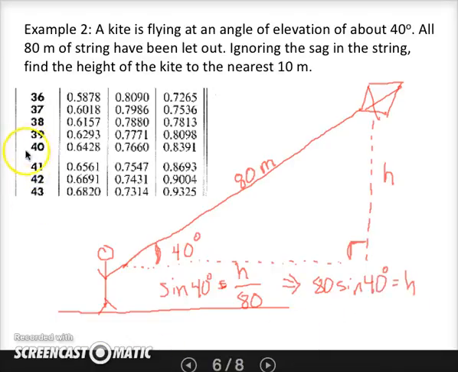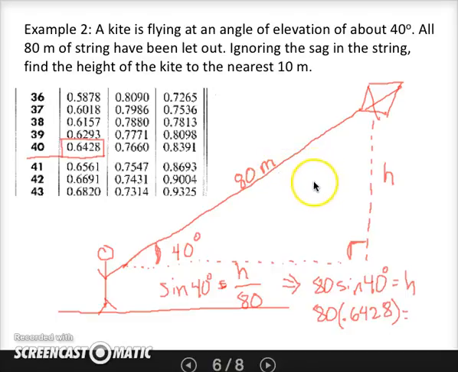Now I need to look up 40 degrees in my trig table, and I need to follow that over to the sine column. So I have my number here, my sine ratio is 0.6428. And I have 80 times that is going to be my height.